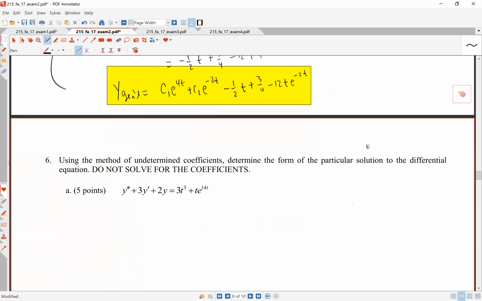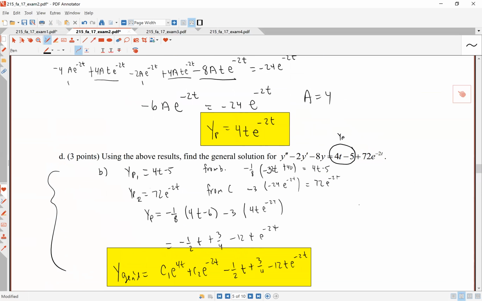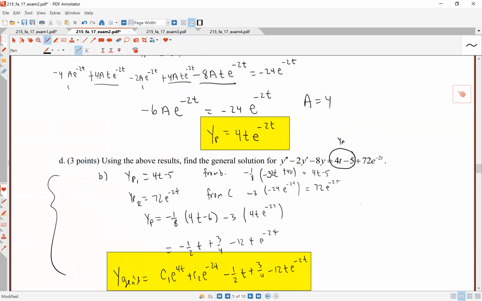Go ahead. For the above problem, part D, isn't it supposed to be yp equal negative 1/8 times 4t minus 5?